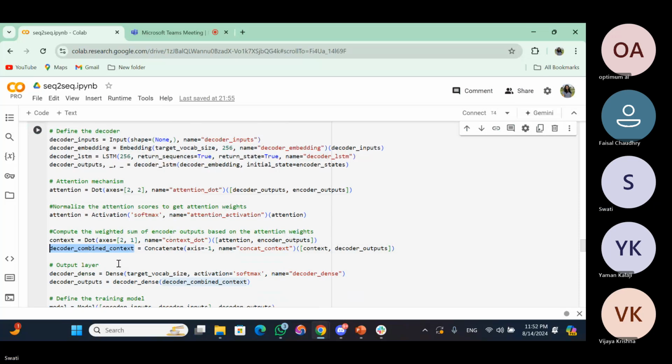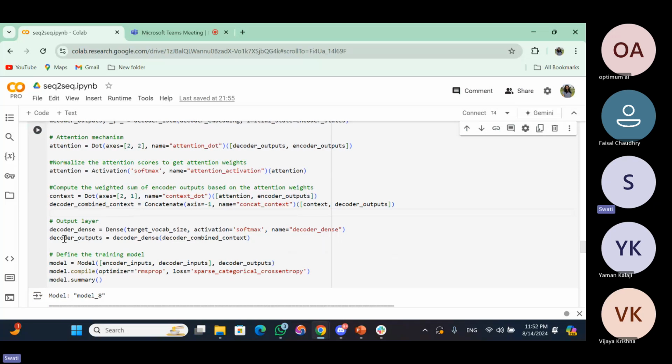So in the output layer, earlier you didn't have this attention mechanism part. With introducing this, now your decoder outputs will have this decoder combined context.